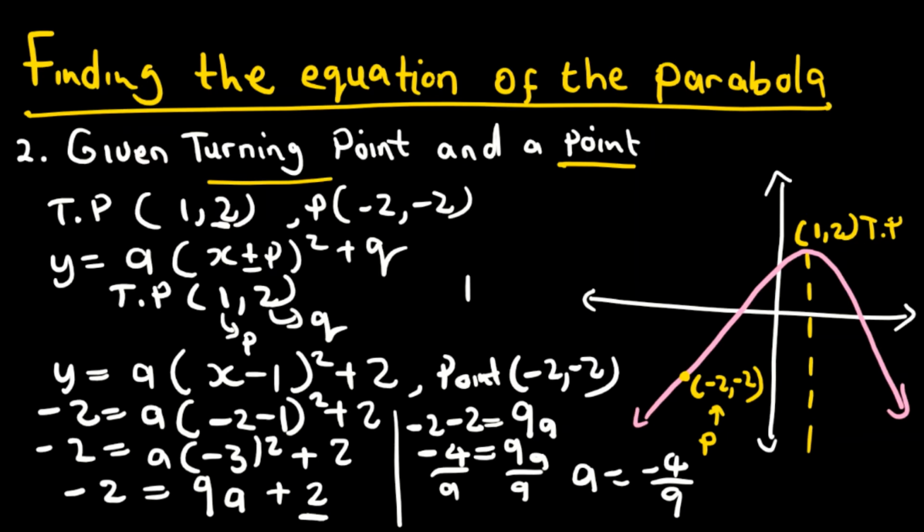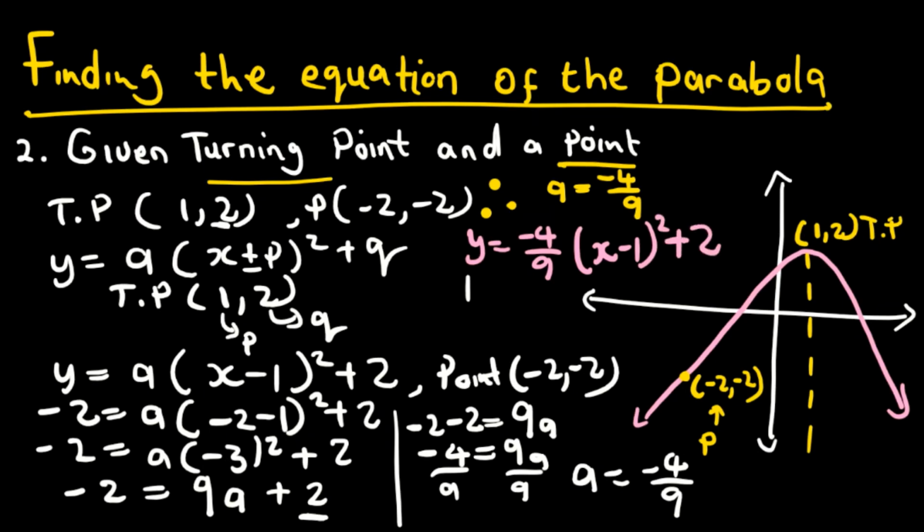Therefore, to write your equation, since you know your value of a, which is minus 4 over 9, your equation would be y is equal to minus 4 over 9 into (x minus 1) all squared plus 2. So this is going to be your equation of the parabola, given the turning point and a point.